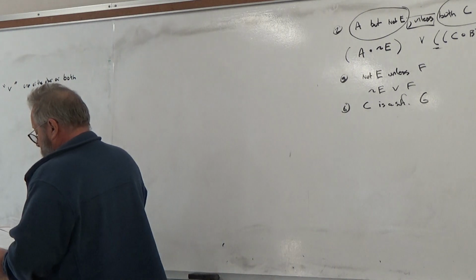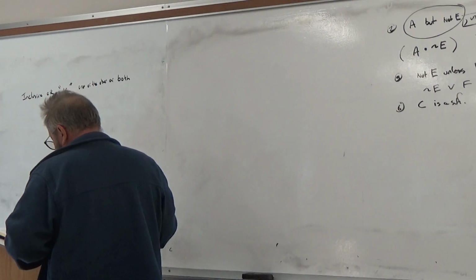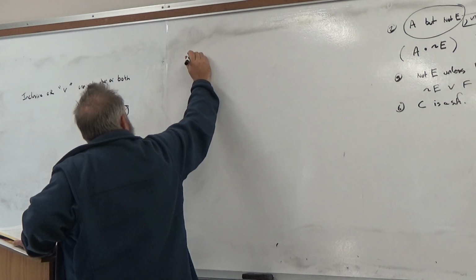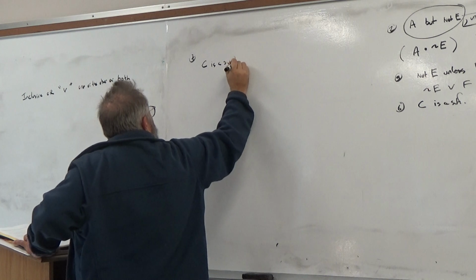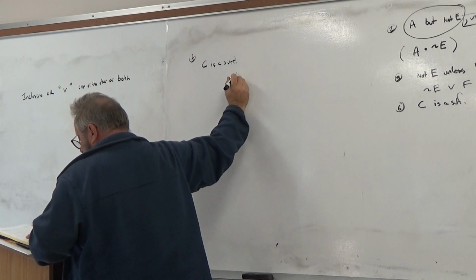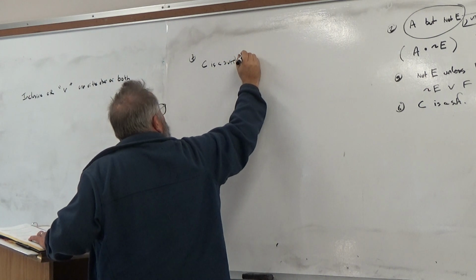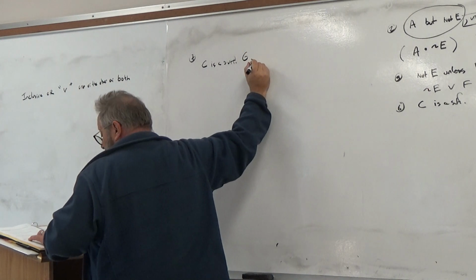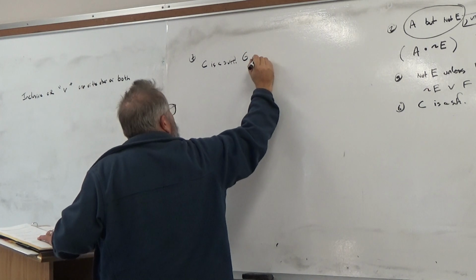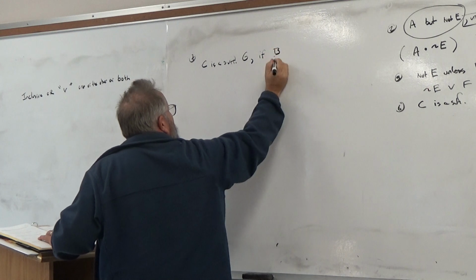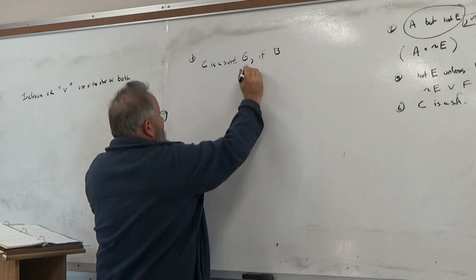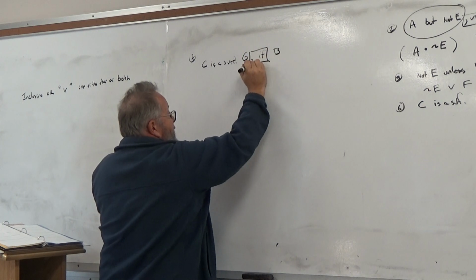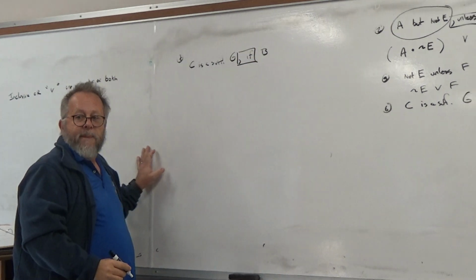Catherine has a Catahoula is a sufficient condition for Gloria, comma, if Bob. Okay. All right, comma if tells us that this is the main operator, okay?